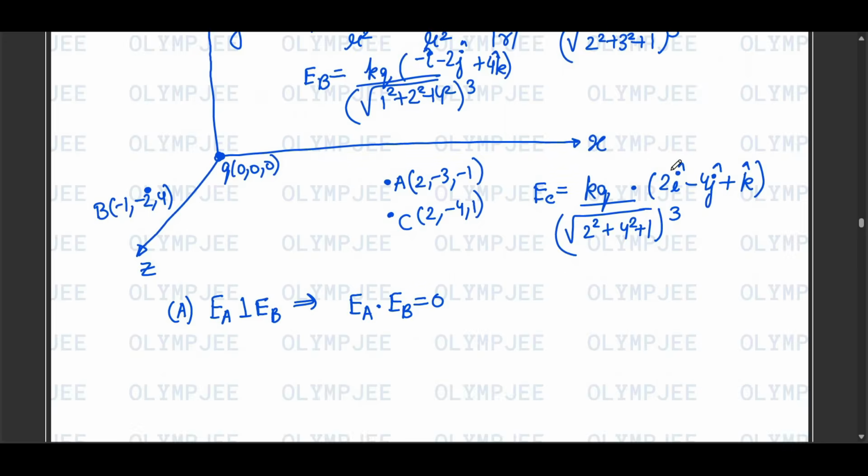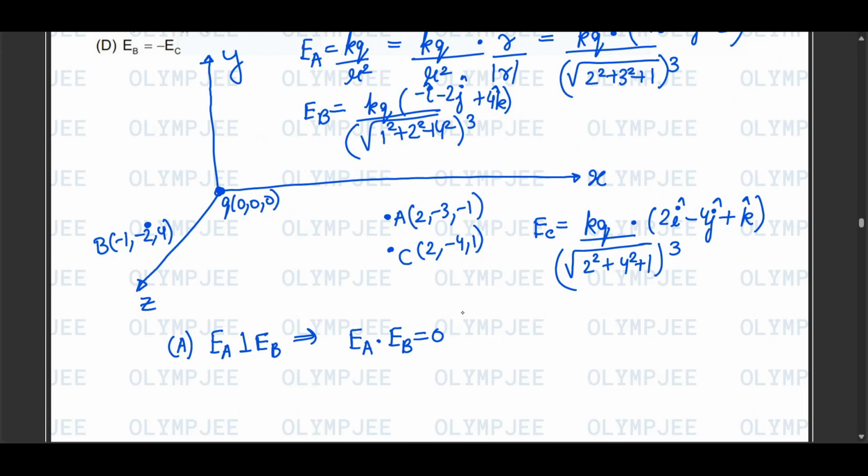We have kQ common. This will become, this is 4 plus 9 plus 1, which is 14. So root 14 cube multiplied by 4 plus 16 plus 1, which is 21.